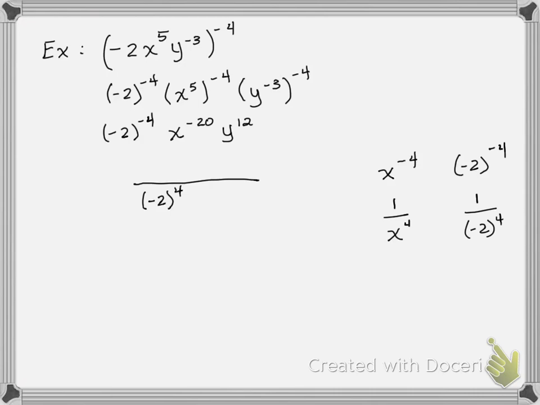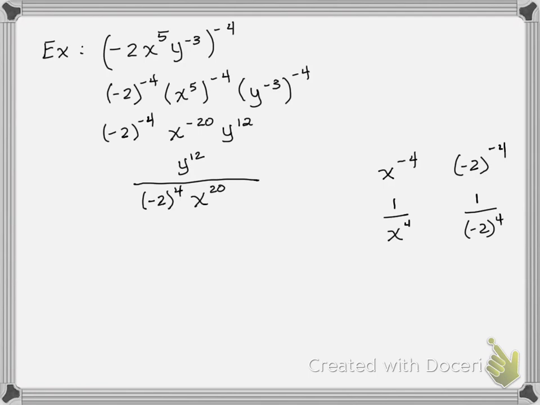But if you don't have those parentheses, then it changes everything. And then x to the negative 20th, we have a negative exponent, so that's dividing by 20 factors of x. So down here, and then y to the 12th, because that has a positive exponent, so it stays on the top.